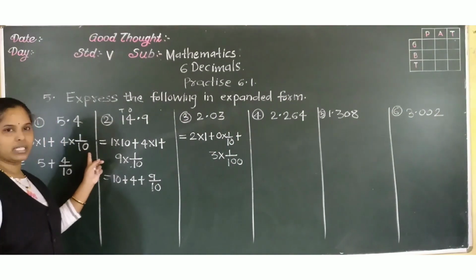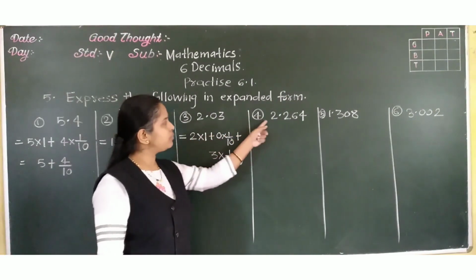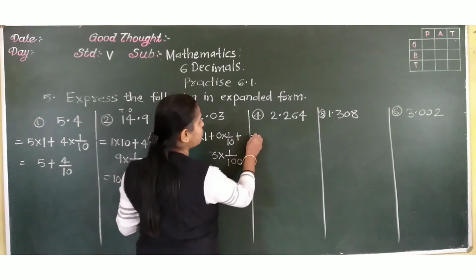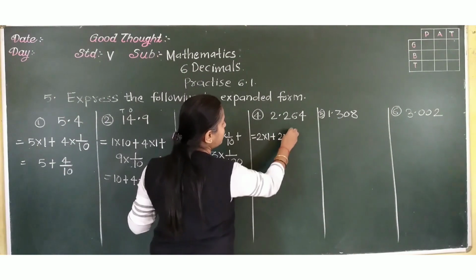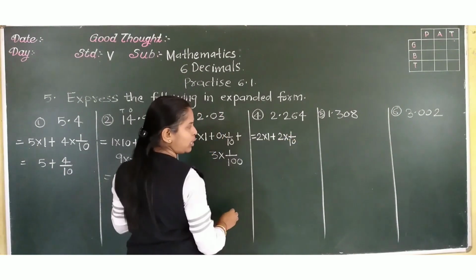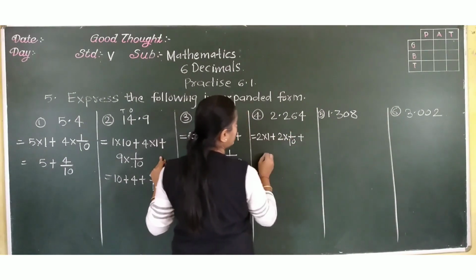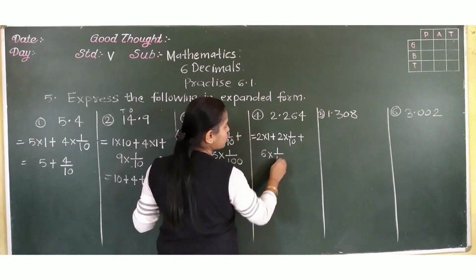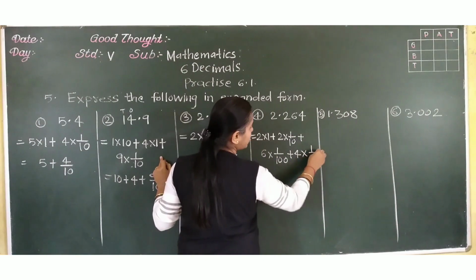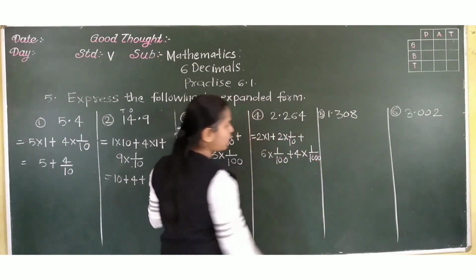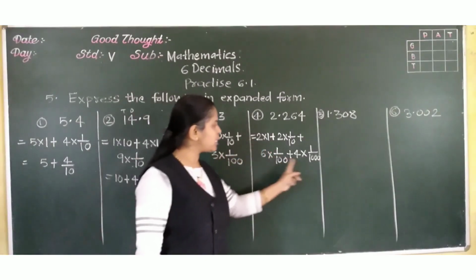Now here 2 is there at the ones place, so 2 ones are 2. Plus 2 is there at the tenths place, 2 into 1 upon 10. Plus 6 is there at hundredths, so 6 into 1 upon 100. Plus 4 is there at thousandths, that is 4 into 1 upon 1000. This is the expanded form.